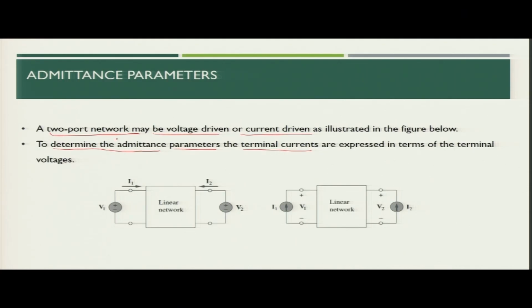Now, to determine the admittance parameters, you will express the terminal currents in terms of terminal voltages. If you compare with the impedance parameters, where we express the terminal voltages in terms of terminal currents, here we express the terminal currents in terms of terminal voltages.